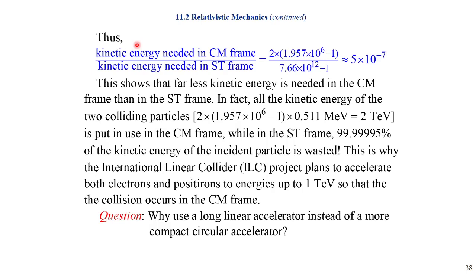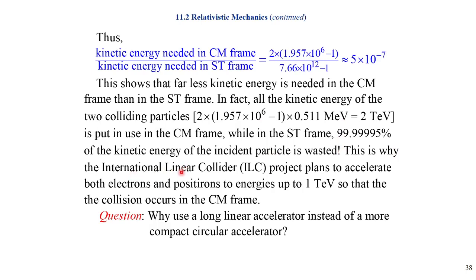In fact, all the kinetic energy of the two colliding particles is put to use in the center of mass frame, while in the stationary target frame, 99.99995% of the kinetic energy of the incident particle is wasted. That's why it needs much more energy.